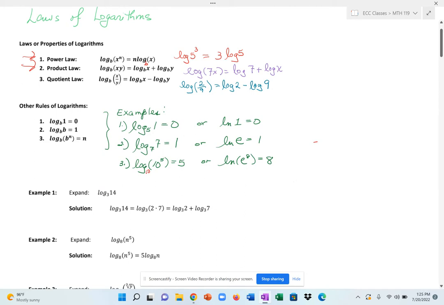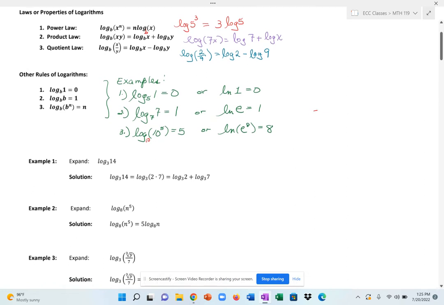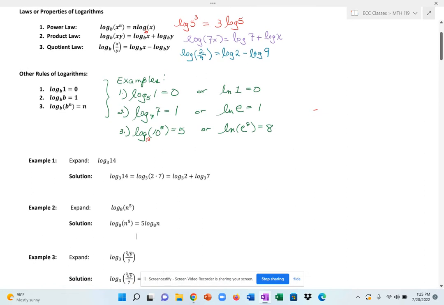Okay, so next example is asking you to expand the log base 3 of the cube root of y divided by 7. In this example, I'm going to be using both the power law and the quotient law because the cube root of y can be written as an exponential expression, and I'm dividing by 7.